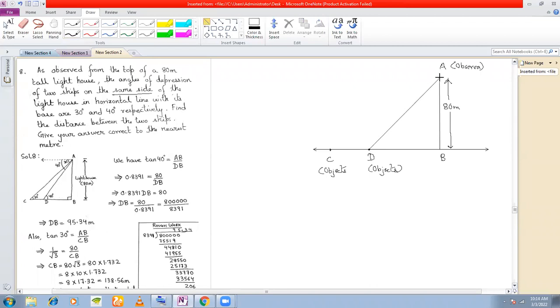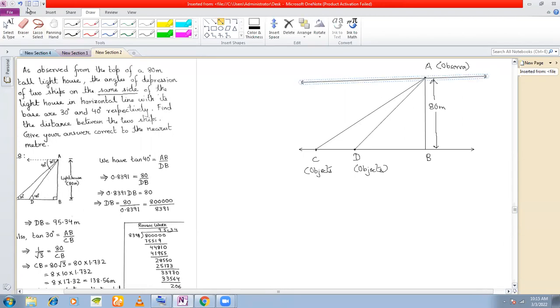This is the line of sight of the observer from A to D. And this is another line of sight from A to C. Okay. And because the angle of depression is given, if these are the lines of sight, then which one is the horizontal? This one is your horizontal.